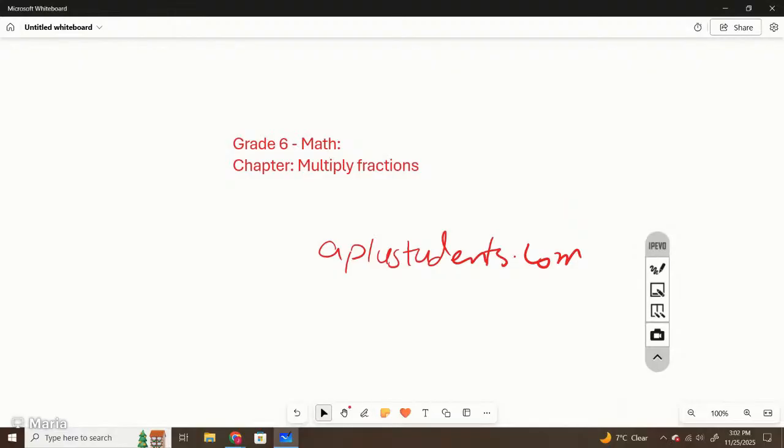Then you have to select math from the subject tab, scroll down to grade 6 math and then click on view all lessons. There you can find a list of the chapters, where you can start with the chapter multiply fractions. So please make sure you have your notebook and pencil so that you can note down the important examples and definitions as well.